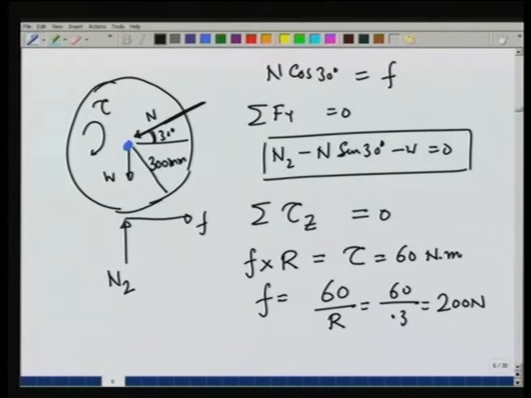So, we have found that the frictional force required so that the wheel does not move even after applying this torque is going to be 200 newtons, and therefore, the normal reaction N on the roller is going to be 200 divided by cosine of 30 degrees, which you calculate, it comes out to be 231 newtons.